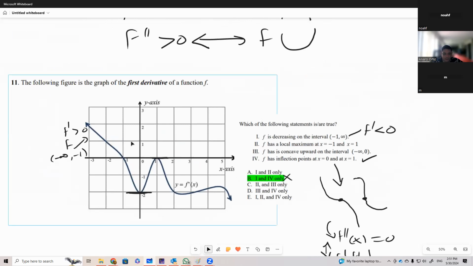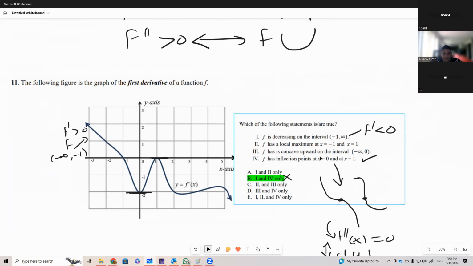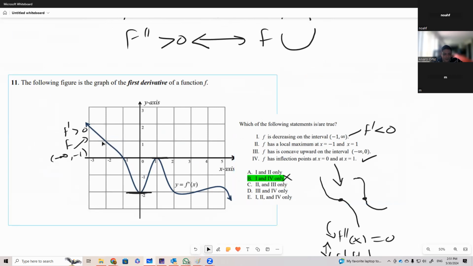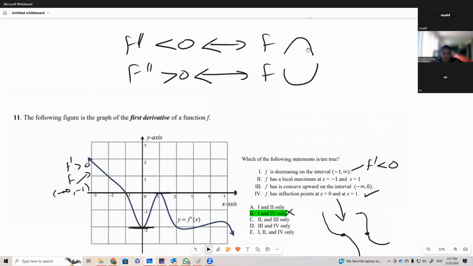So we need to look at the derivative of the derivative and see what its sign is. Notice that this is almost a line. If we take the tangent line of it, it has a negative slope. Because it's a negative slope, it's going to be concave down. So we know immediately that this is not true.